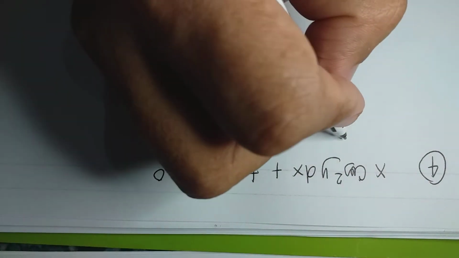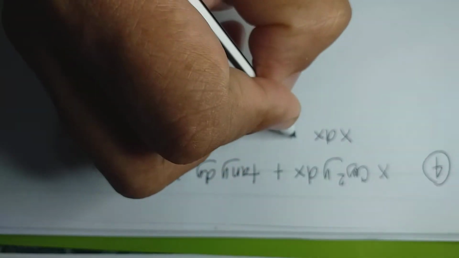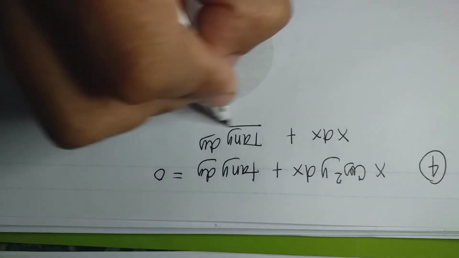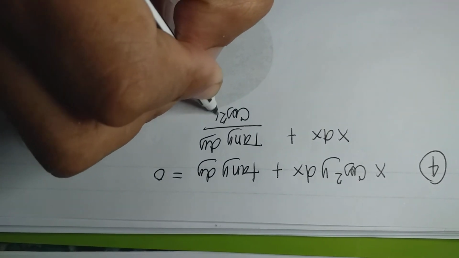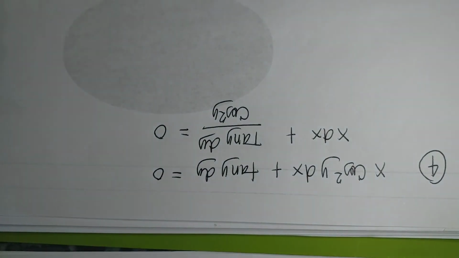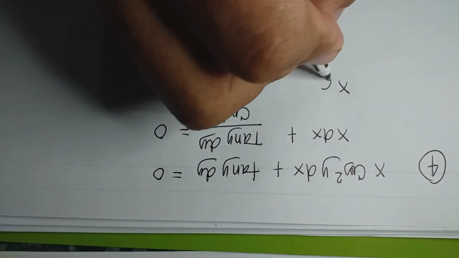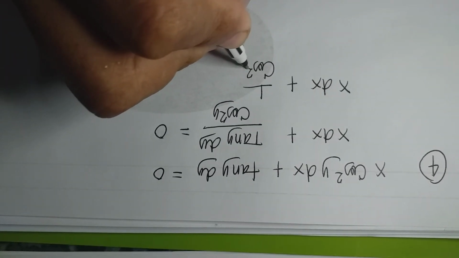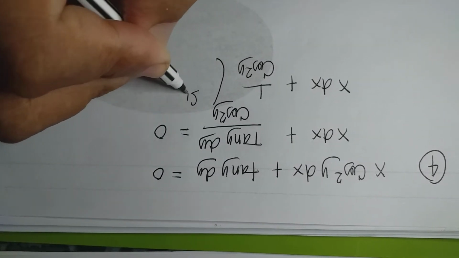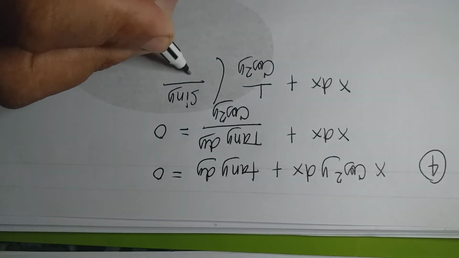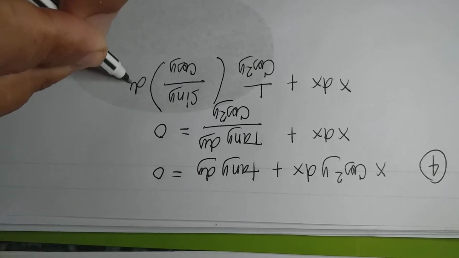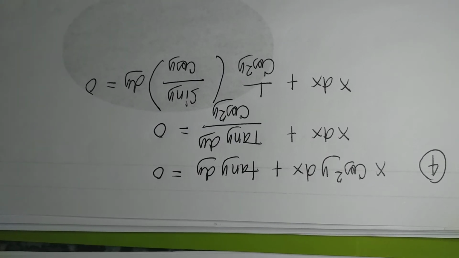Separating the variables, we have x dx plus tangent y dy all over cosine squared y is equal to 0. Using your identities in trigonometry, we have x dx plus 1 over cosine squared y times sine y over cosine y, which is tangent, dy is equal to 0.